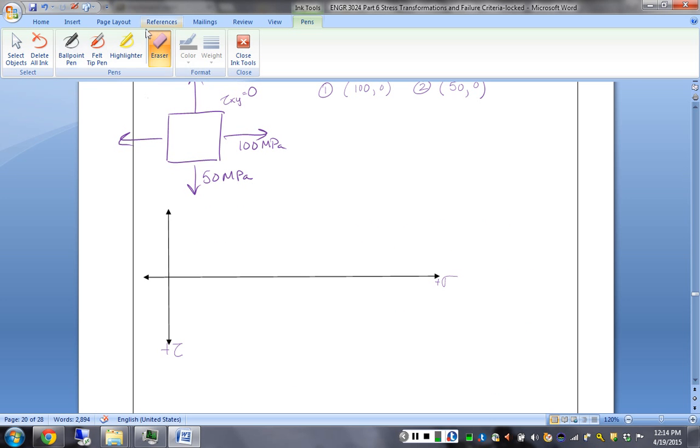And now we're ready to plot our 2 points. We have 100 and 0 is our first point, and we have 50 and 0 as our second point. And now the rule is to connect those two with a line.